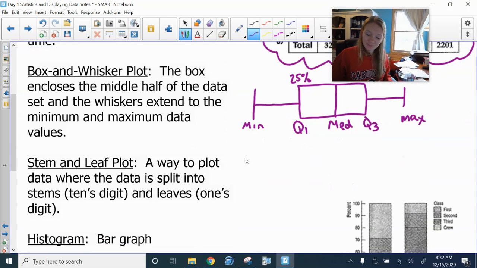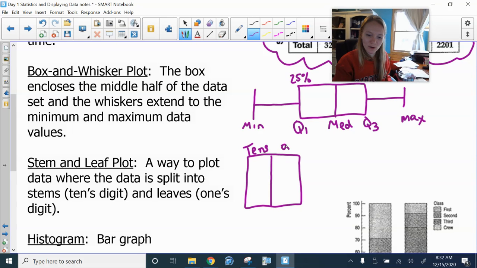A stem and leaf plot. You guys might have done this in elementary school even. A stem and leaf plot has a lot to do with breaking up your 10s and your 1s. So if we said these would be your 10s place, these would be your 1s place. So it's another way to display data.